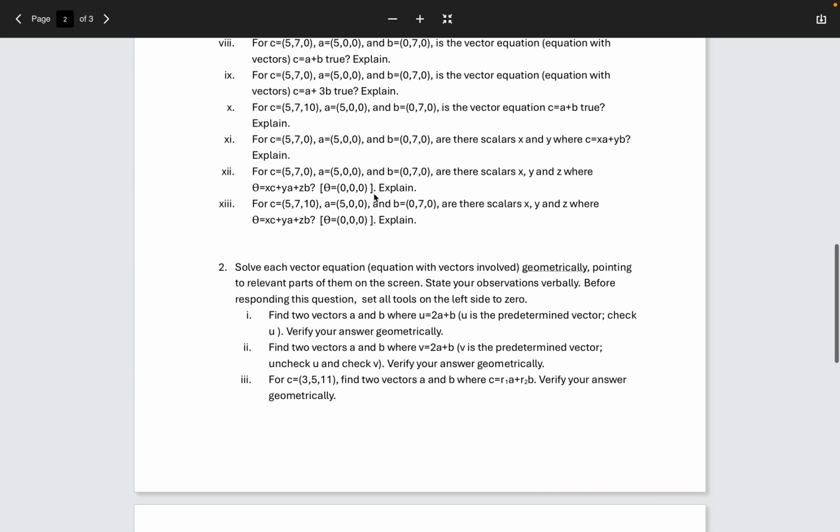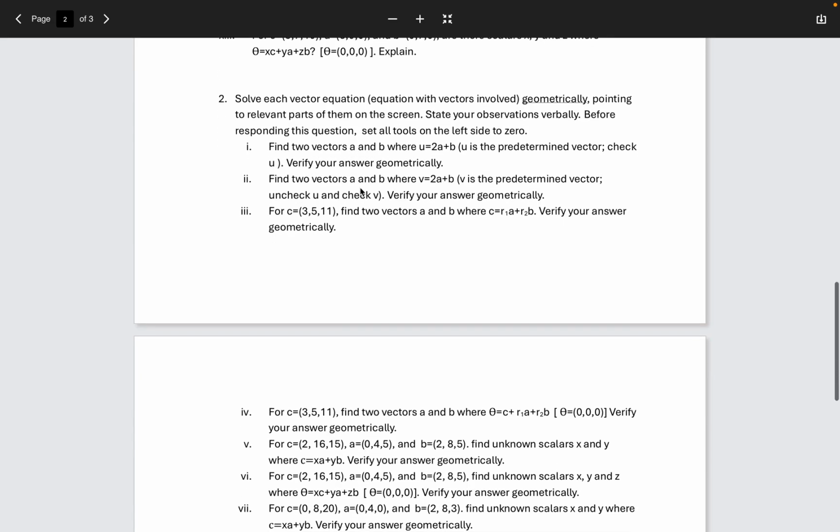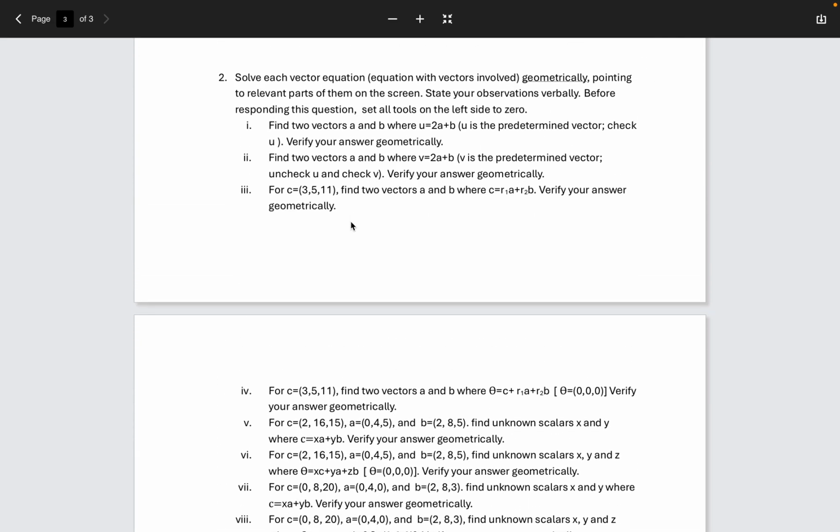Correct. They are scalars. For C, yes, so these two are pretty much the same. And we're almost done with this.